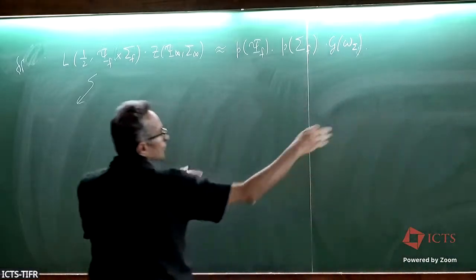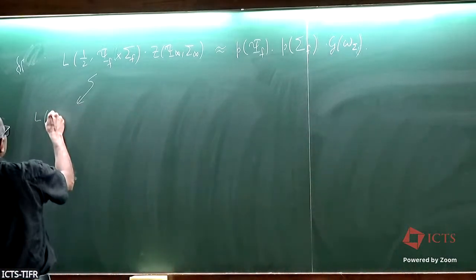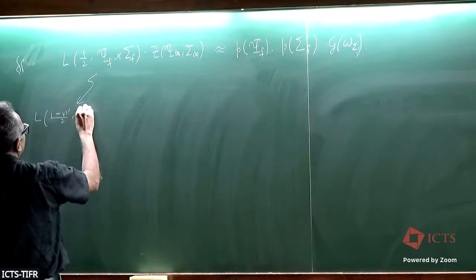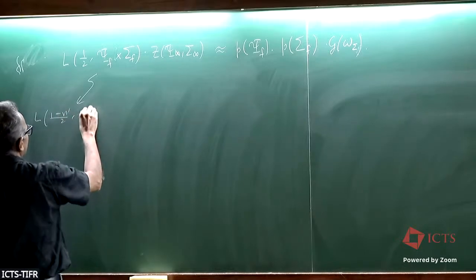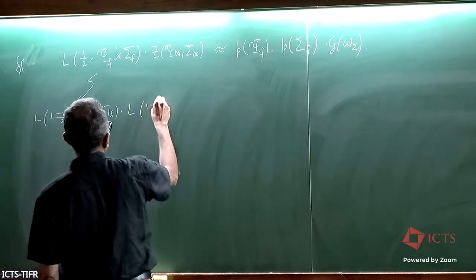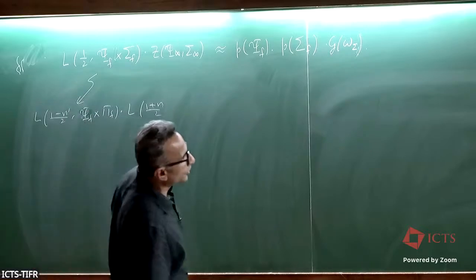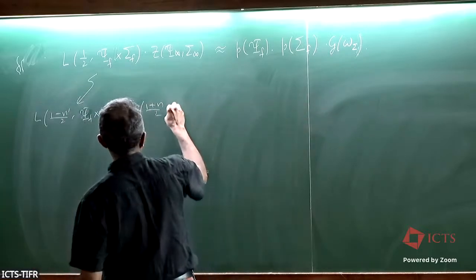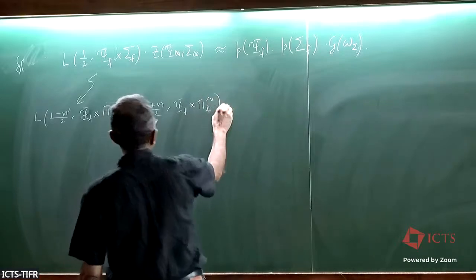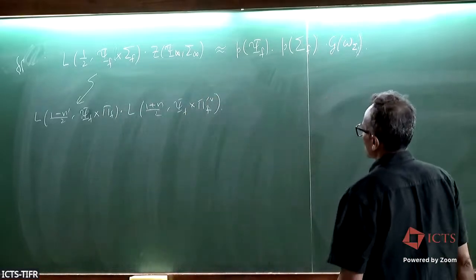So if you stare at this, you'll see 1 minus n prime by 2 of psi f cross pi f times 1 plus n by 2, or maybe the other way around, something like this. Psi f cross pi prime dual check. That's the product of L values.